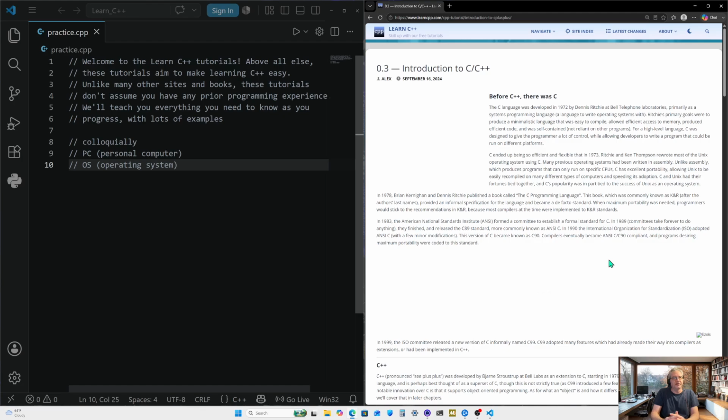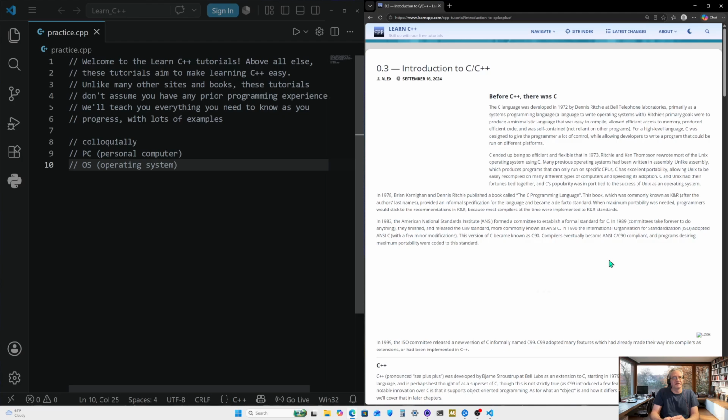C ended up being so efficient and flexible that in 1973, Ritchie and Ken Thompson rewrote most of the Unix operating system using C. Many previous operating systems had been written in assembly, which provides programs that can only run on specific CPUs.